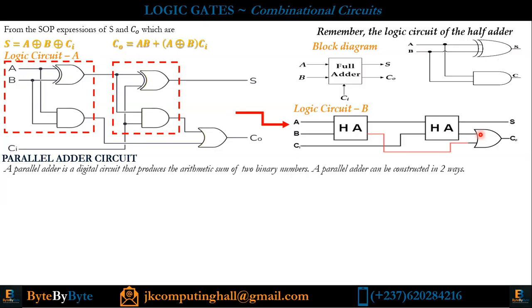Parallel adder circuit. A parallel adder is a digital circuit that produces the arithmetic sum of two binary numbers. A parallel adder can be constructed in two ways. Take note of this. Paper 1, paper 2 also.